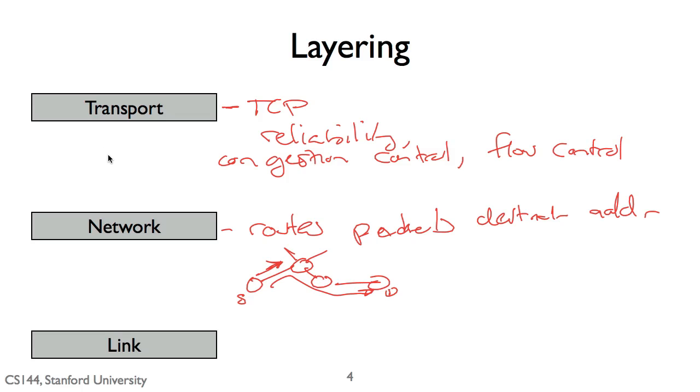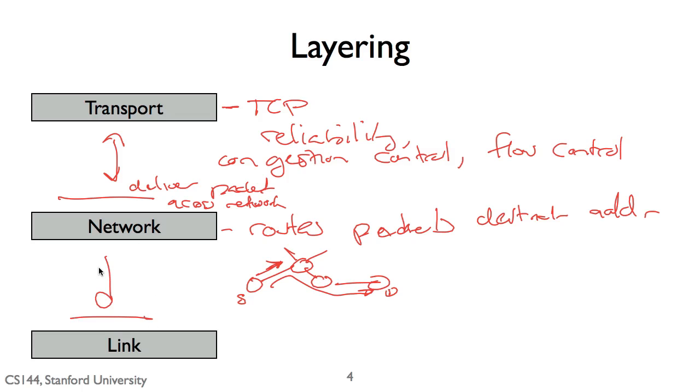And so each of these has an interface. The transport layer is using the network layer's interface, which is deliver a packet across network. Meanwhile, the network layer is using an interface of the link, which is deliver packet across link.